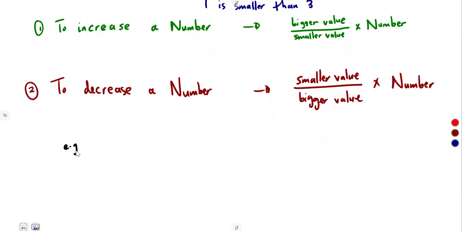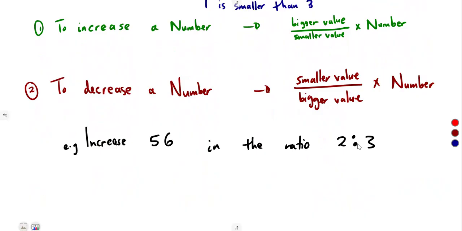For an example, let's consider this one: increase the number 56 in the ratio 2:3. Can we increase this in the ratio 2:3?